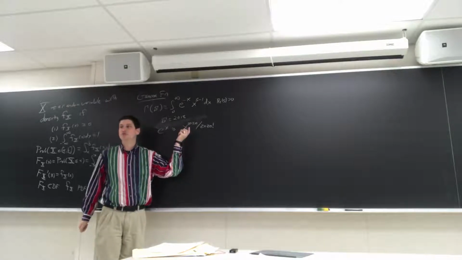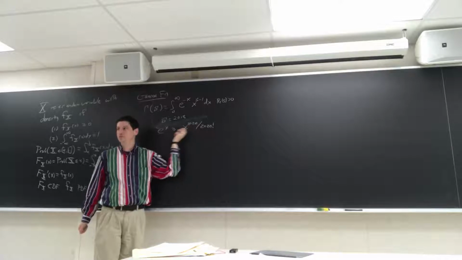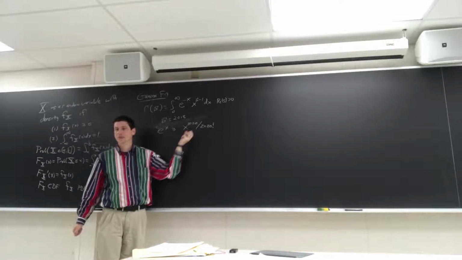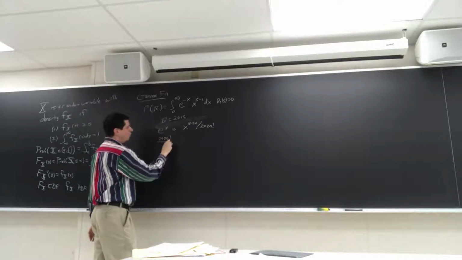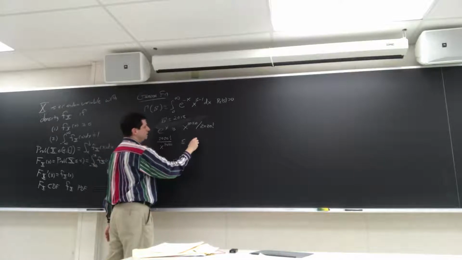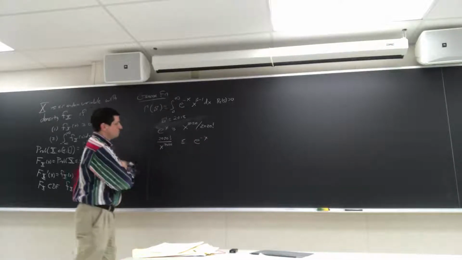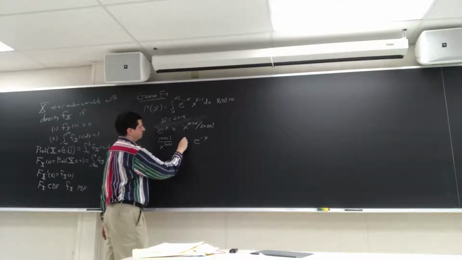And the reason this is true is I'm just taking one term in the Taylor series expansion. Since I'm only taking one term and it's positive, this is going to be greater. So what this means is 2020 factorial over x to the 2020 is greater than or equal to e to the negative x.